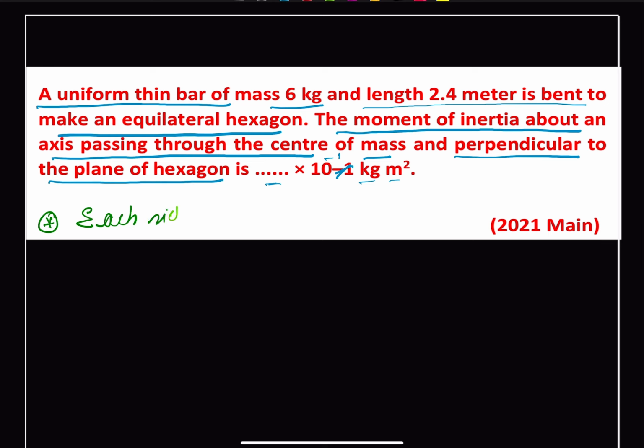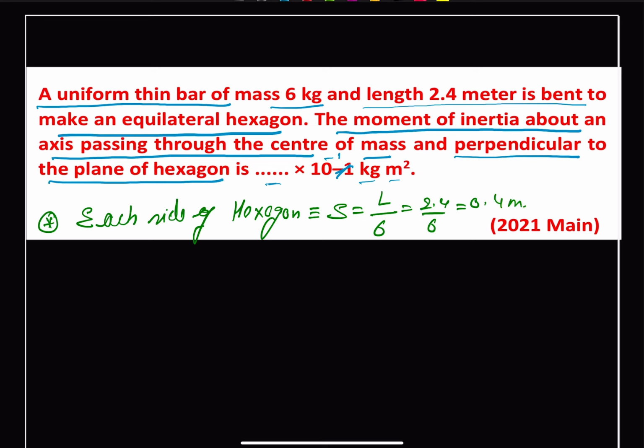Each side of hexagon, let us suppose that it is represented as S, will be equal to our total length of the bar divided by 6, which comes as 2.4 divided by 6, giving us 0.4 meters.